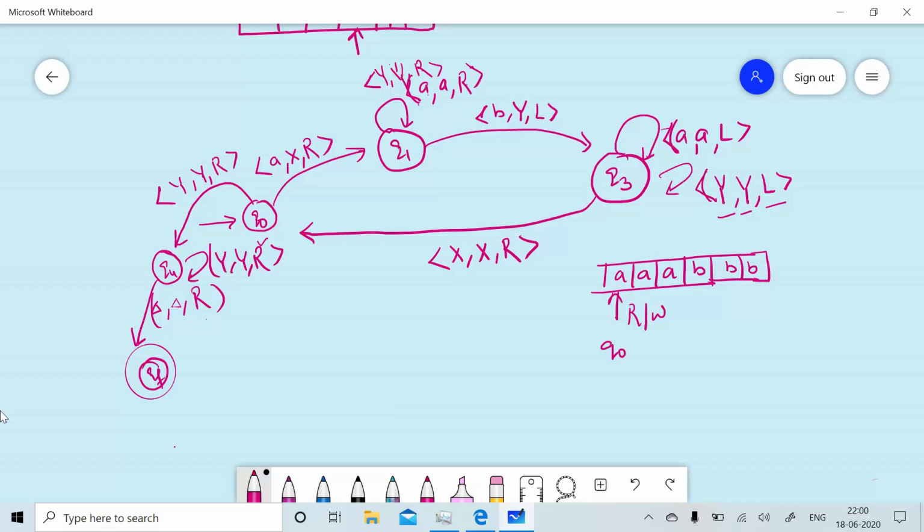So the initial configuration will be Q0, A, B. We will read A and our read write head will point to the next A, and we will move to the Q1 state.